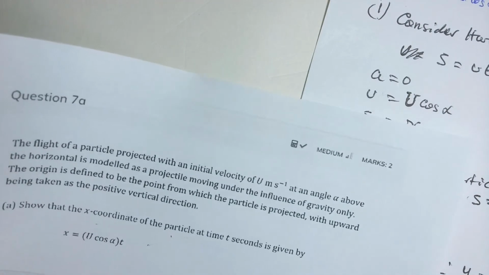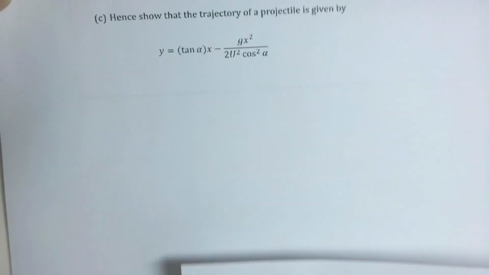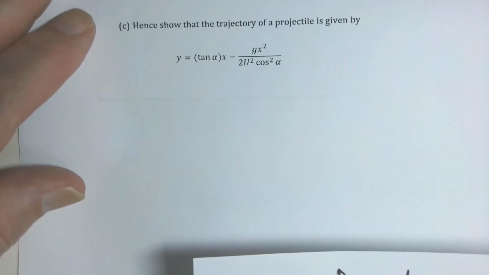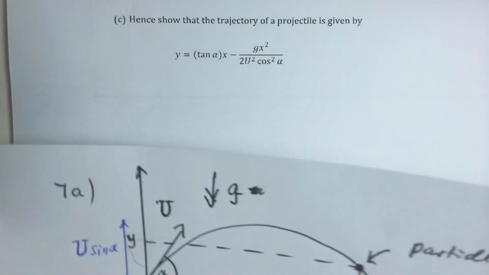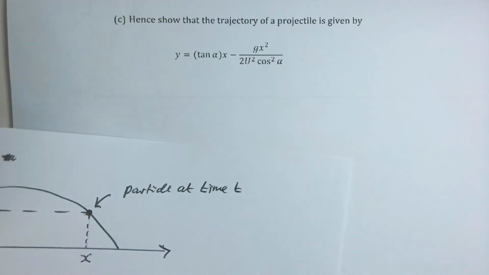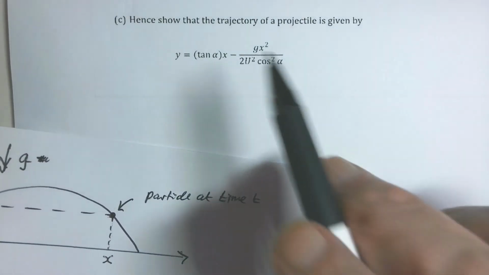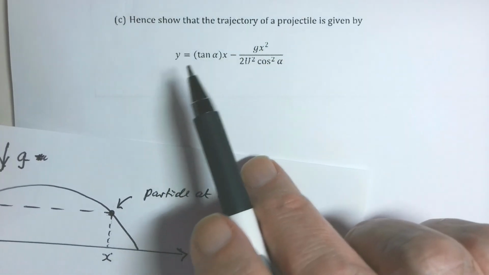Now I'm just going to fold this over, and we now want to look at part C, which is to hence show that the trajectory of a projectile is given by this equation.